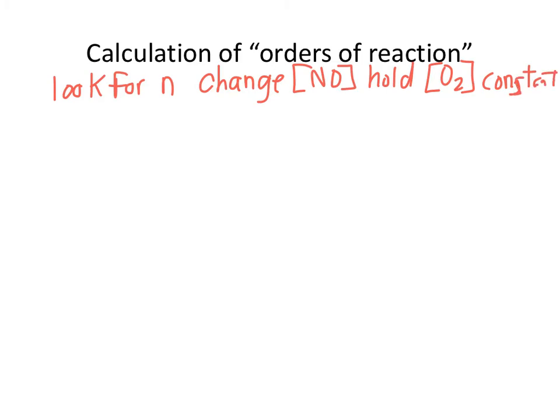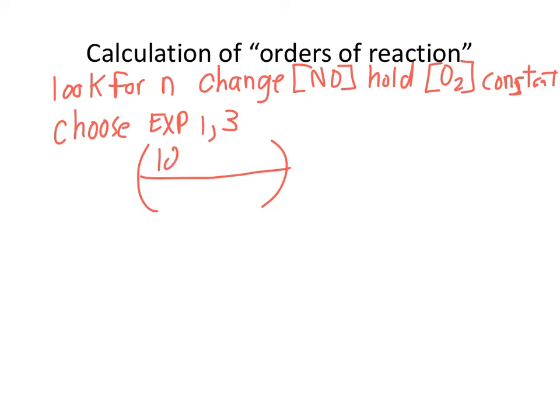If you look at the data table, then we're going to choose experiments 1 and 3. And we're not going to write the whole ratio of the rate laws out completely, but we'll write the rate.